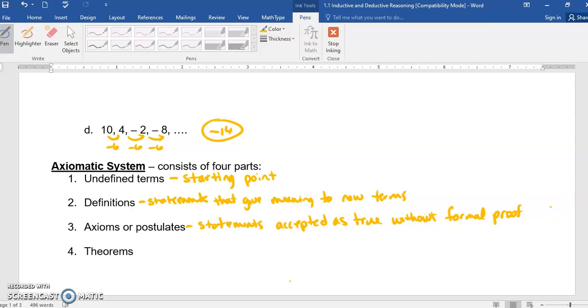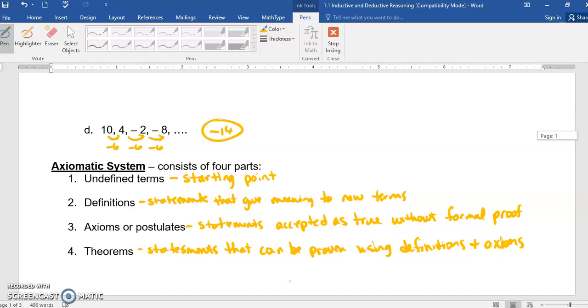And then all of that, we can use all of those things put together to come up with theorems. It's a statement that we can prove using definitions and postulates and axioms. Okay. Statements that can be proven using definitions and axioms, postulates.